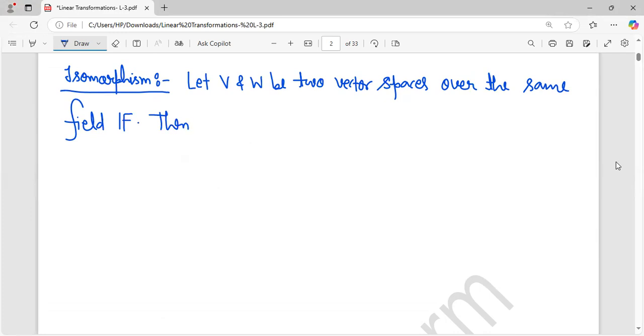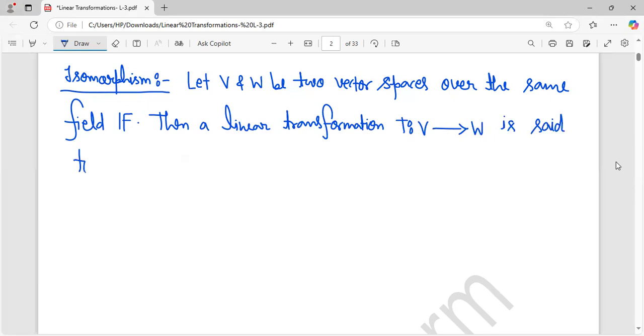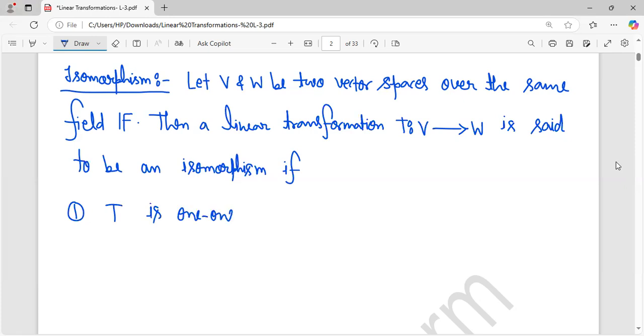Then a linear transformation T from V to W is said to be an isomorphism if first, T is one-one, second, T is onto.